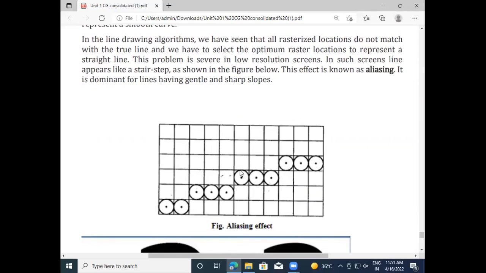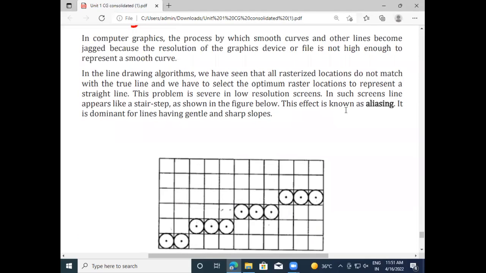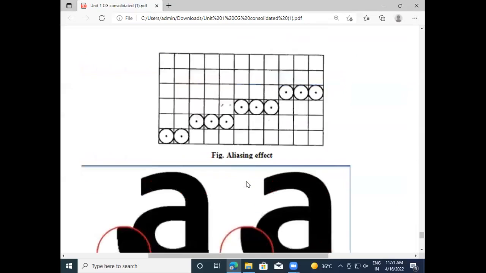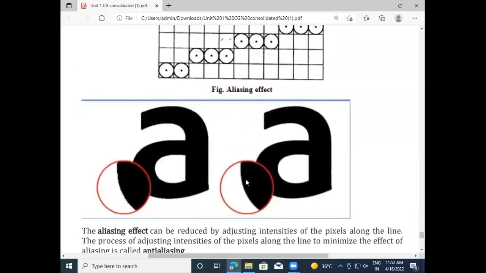It is not matching the whole boundary, the whole boundary of the pixel is not covered. Some part is remaining. Here it is a little short, here also, here also. Okay, so this effect is known as aliasing. This is more severe in low resolution displays. If it is a high resolution display, then it might be possible that this is not shown. Okay, so this is nothing but the aliasing effect.